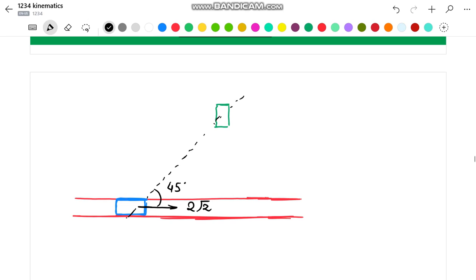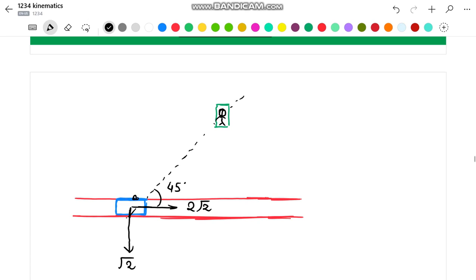Now let us shift our focus to the frame of reference of the enemy. Since his enemy is moving with a speed of 2 meter per second, in the frame of reference of the enemy it will appear that the person is again moving at a speed of 2 meter per second in the downward direction, with the help of relative motion.